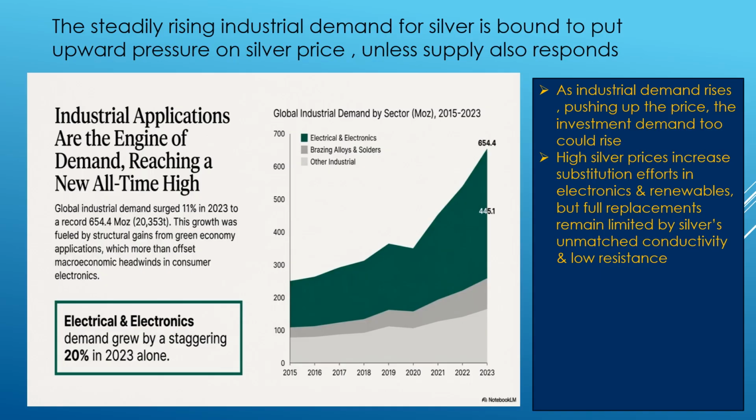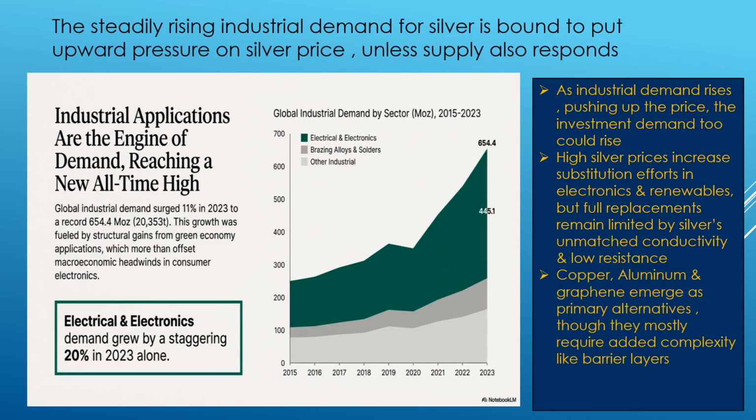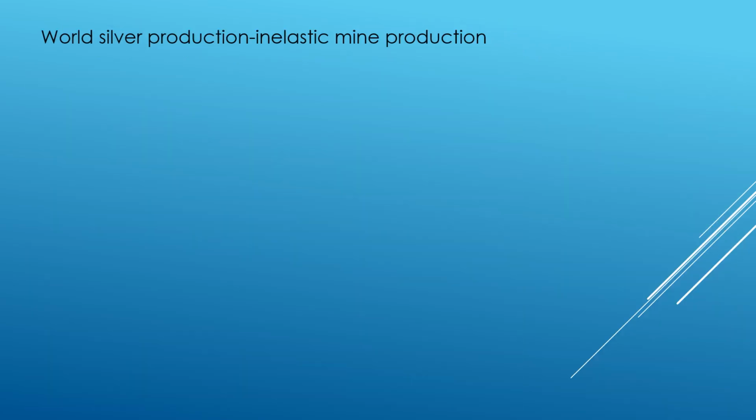The high silver prices increase substitution efforts in electronics and renewables, but the full replacements remain limited by silver's unmatched conductivity and low resistance. Copper, aluminium, and graphene emerge as the primary alternatives, though mostly they require added complexity like barrier layers.